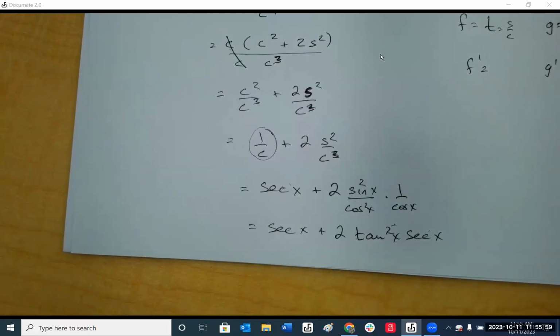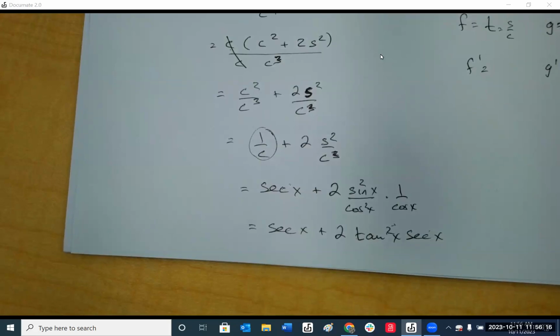One plus tangent squared is secant squared, right? So then that means you have two secant squared.